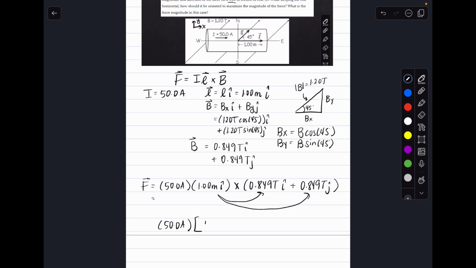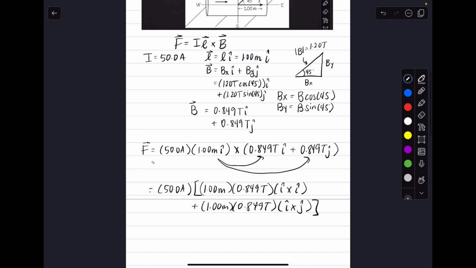So we're going to do 1 meter times 0.849 Tesla I cross I, plus 1 meter times 0.849 Tesla I cross J. Well, what's I cross I? It's 0, so that whole term is gone.